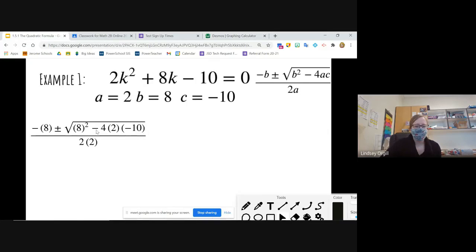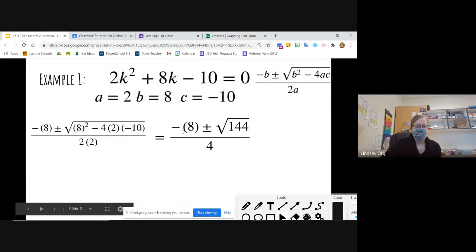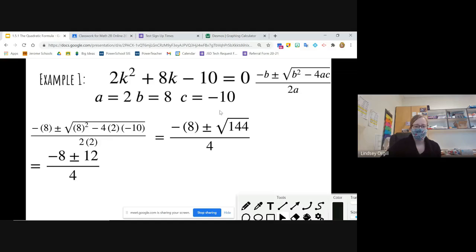So if I go back to here, inside my square root is 144. And I got that from what I plugged into the calculator. Okay, I still have negative 8, and then 2 times 2 is 4. So from here, I'm going to take the square root of 144. So the square root of 144 is 12.